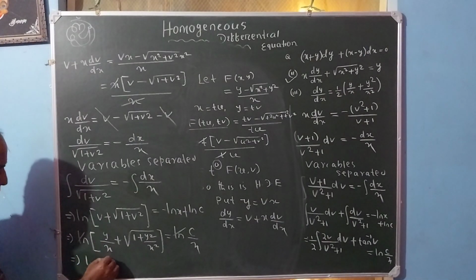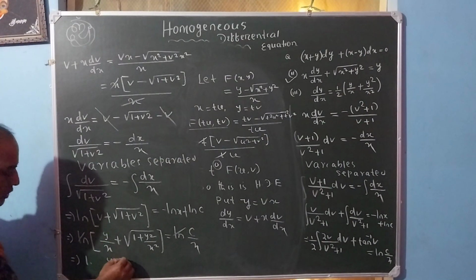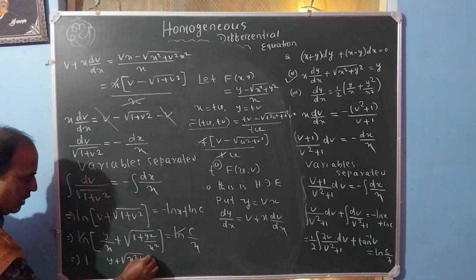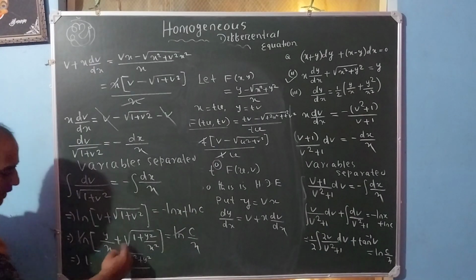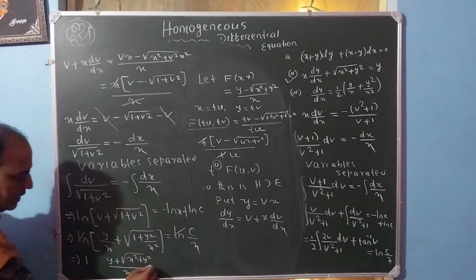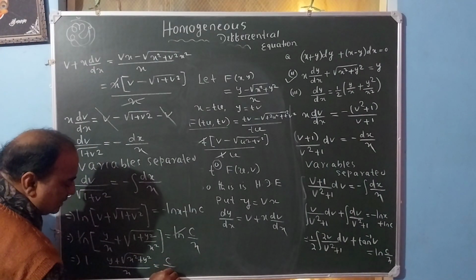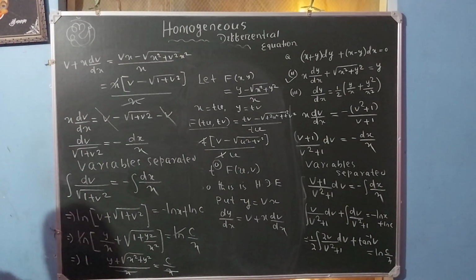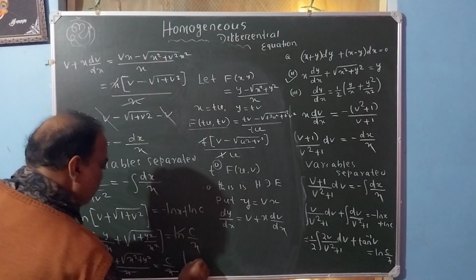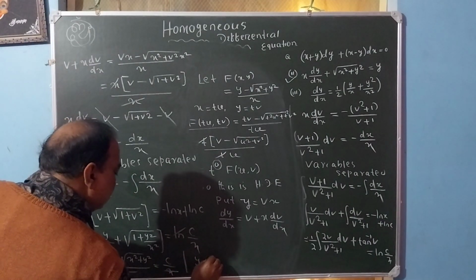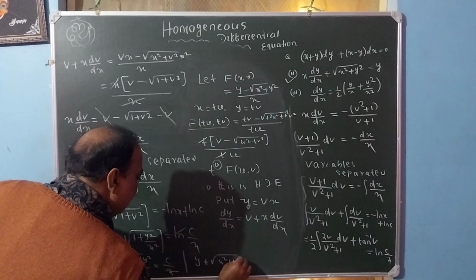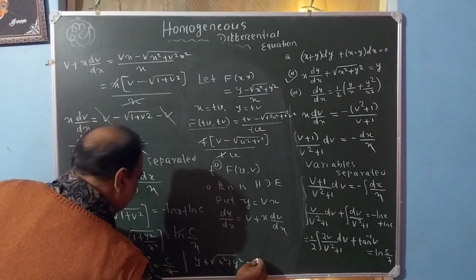Here we get y plus root over of x square plus y square, divided by x, is equal to c by x. This x cancels with this x. So the result coming out is y plus root over of x square plus y square is equal to c.